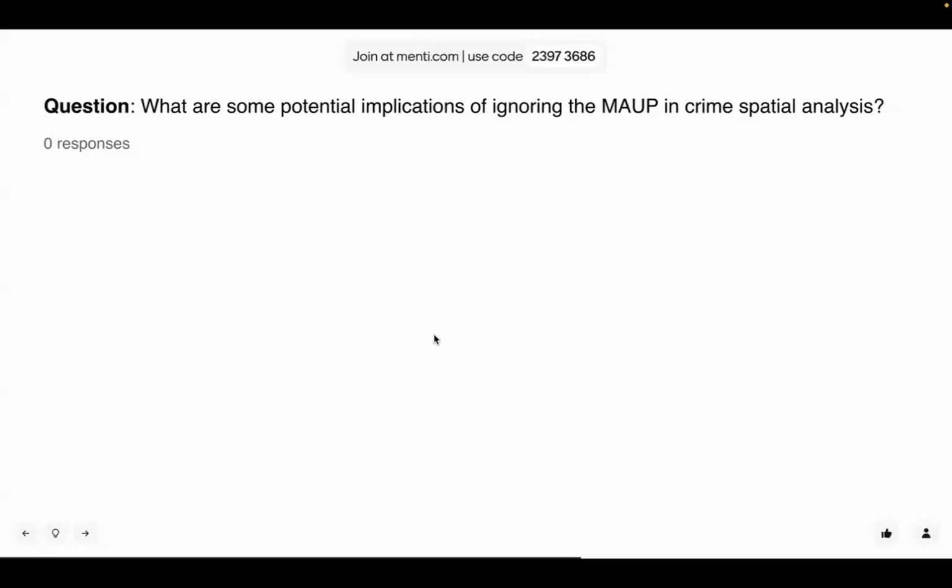What problems might occur when mapping crime data? I'll give this a minute or so, see if any answers come through, and then we'll go ahead and take a quick 5-minute break while we move on to the last final topics of this talk. Feel free to just include one word. I'm not asking for any sentences or anything.